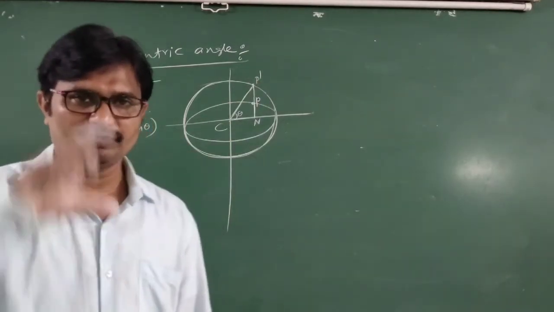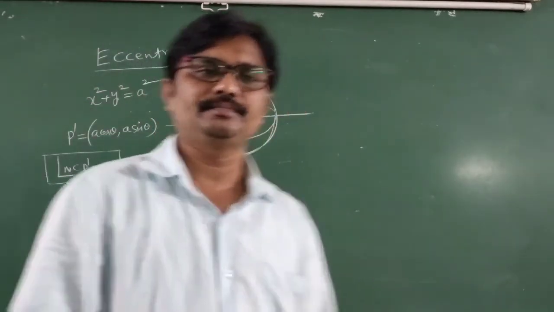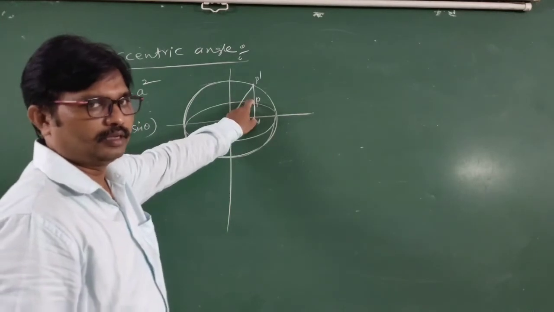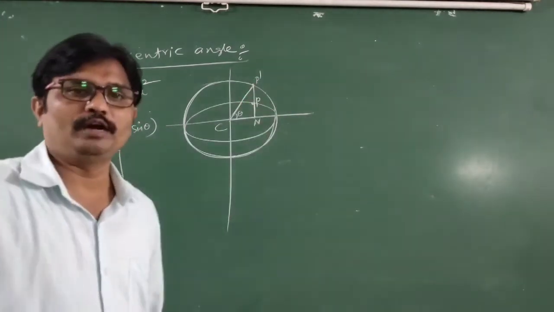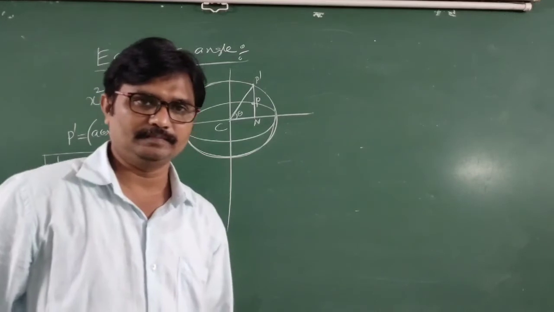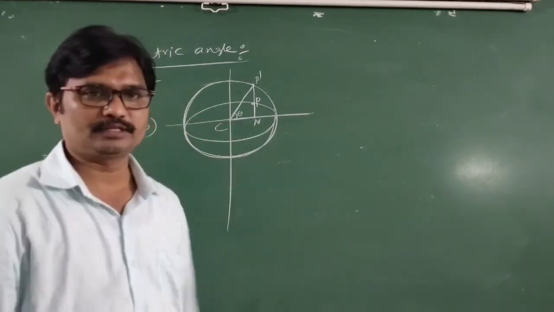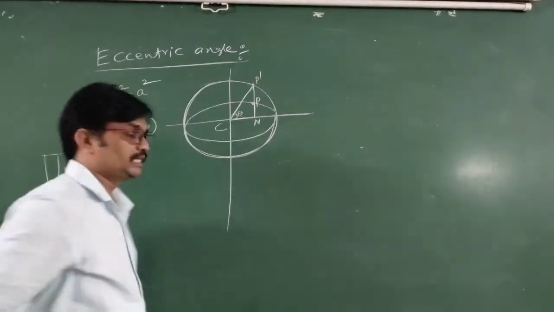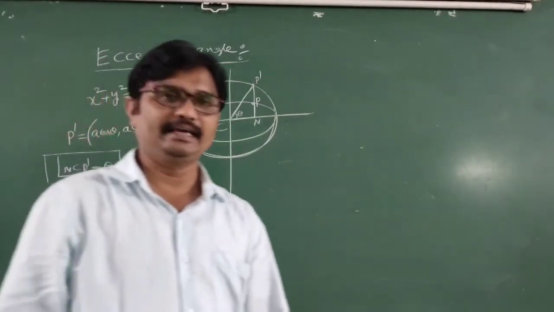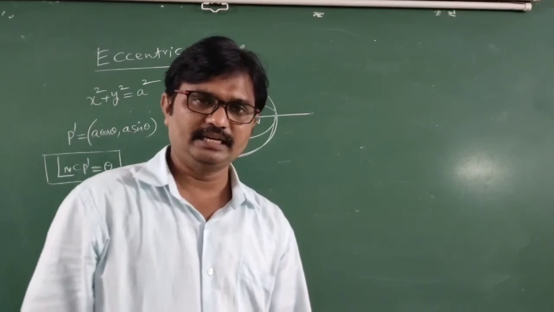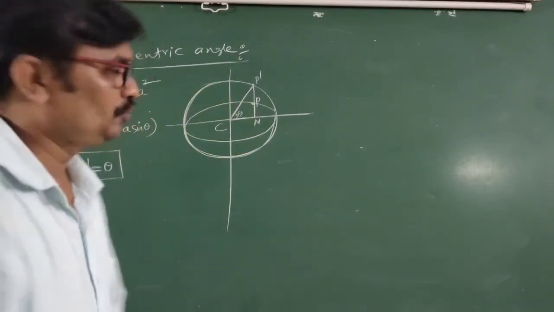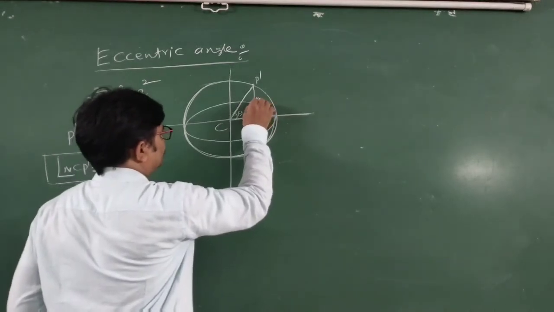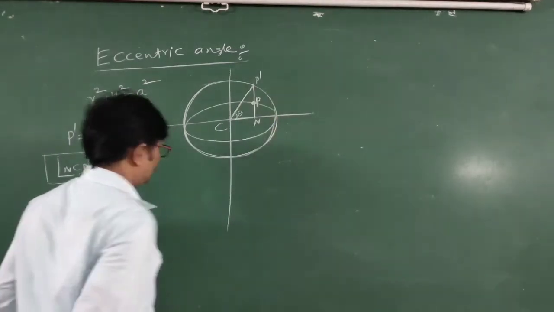First you can write: PN is the ordinate of the ellipse, and P dash is the corresponding point of P on the auxiliary circle. C is the center of the ellipse. Then the angle NCP dash is called the eccentric angle. Now students, we have to find the parametric point P on the ellipse.